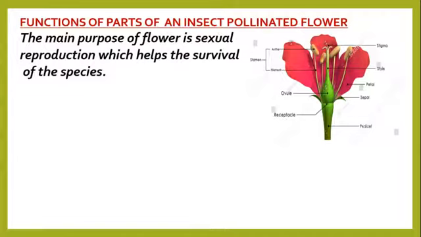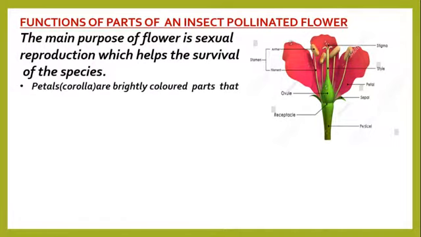Let's start with petals. What will be the function of the petals or the importance of the petals? Alright, petals, whose collective name is corolla, are brightly colored parts that attract insects for pollination. Let's take note of this fact. Now let's move on to sepals.